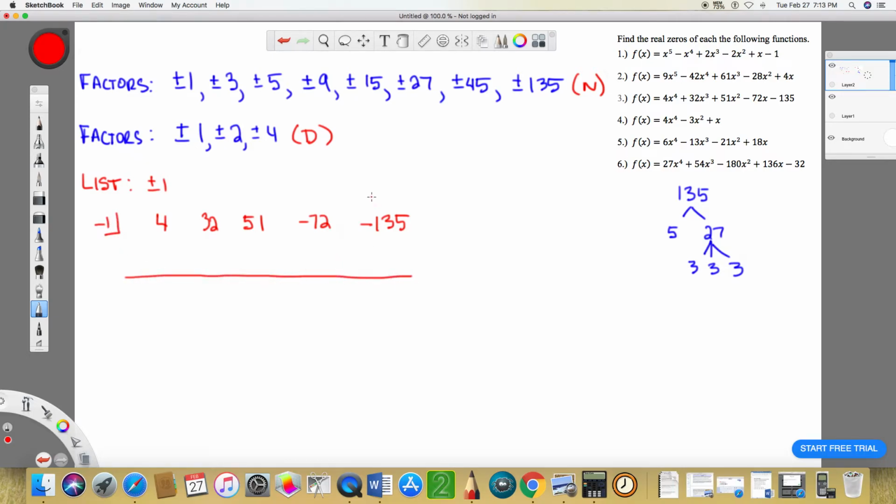Maybe it won't. Maybe none of these. Maybe we'll be here all night doing synthetic division. That would be miserable. It wouldn't be hard, but it'd be extremely long. Doesn't look like this is hitting. All right, so much for 1 and -1.